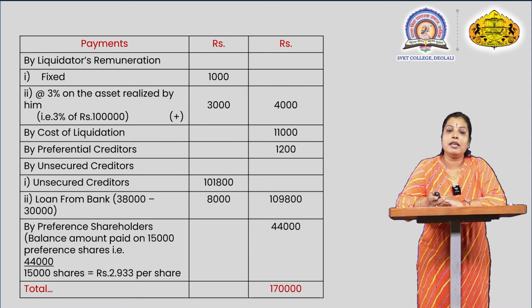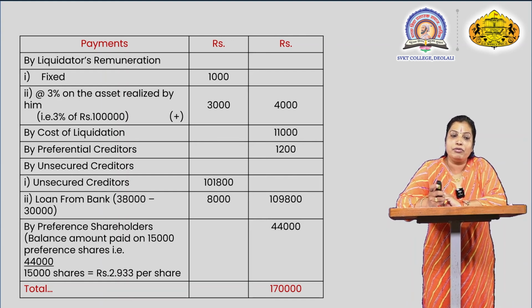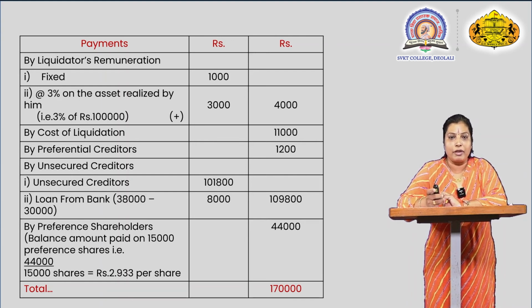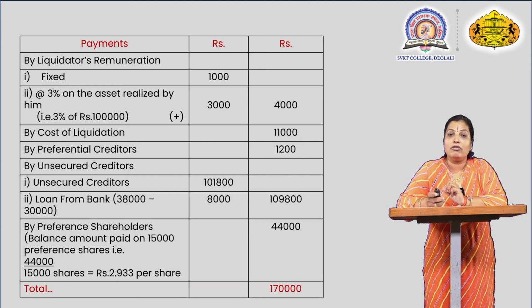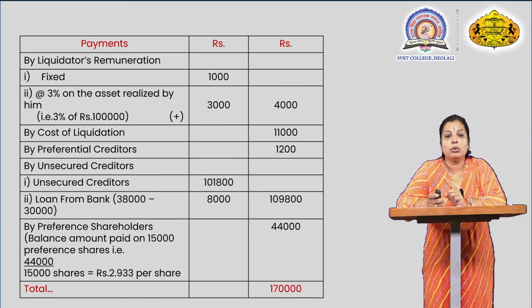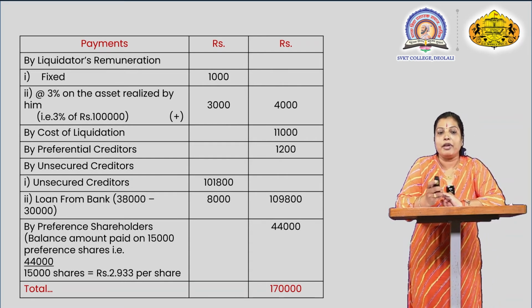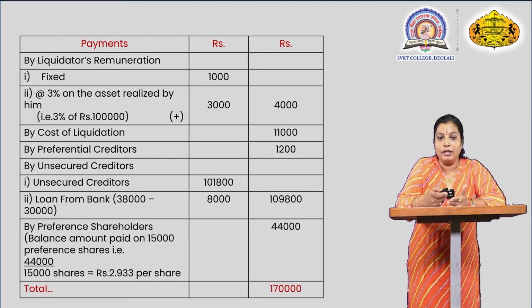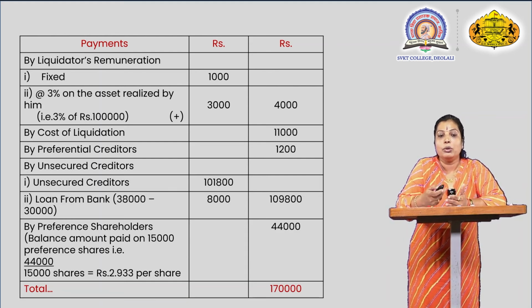It means the remaining amount, 44,000, divided by 15,000 preference shares, is equal to 2.933 per share. This means preference shareholders receive only 2.93 rupees instead of rupees 10.